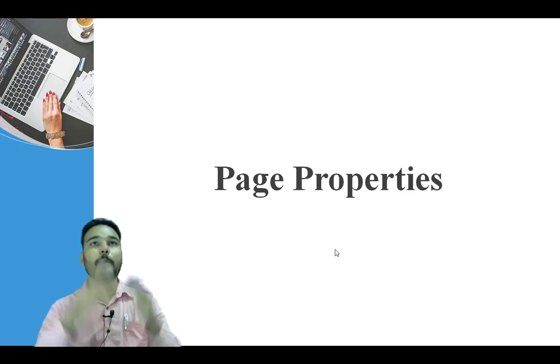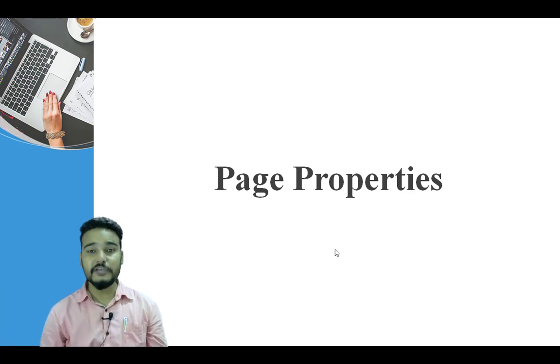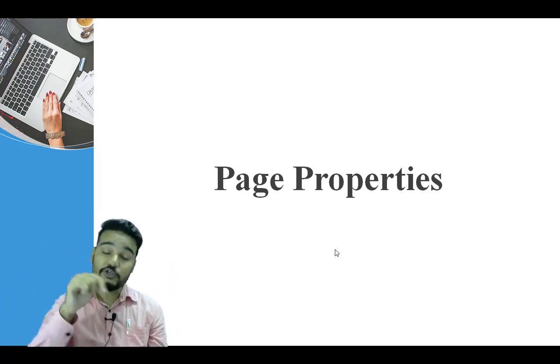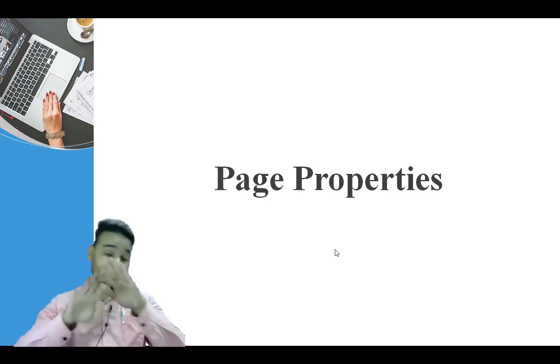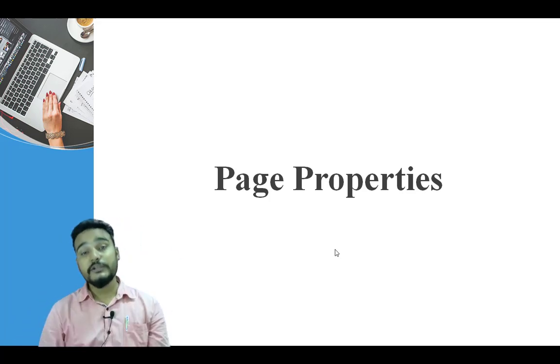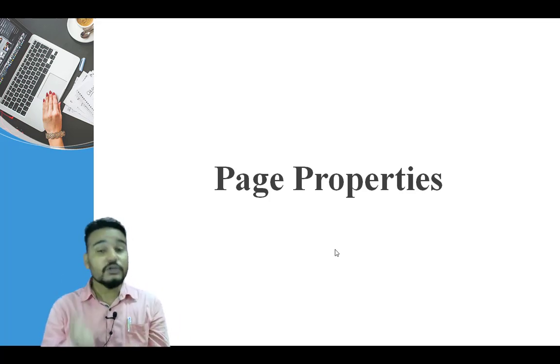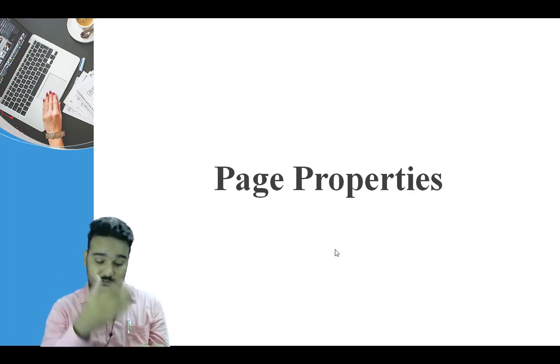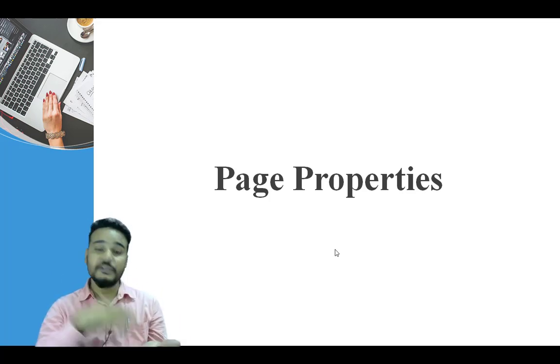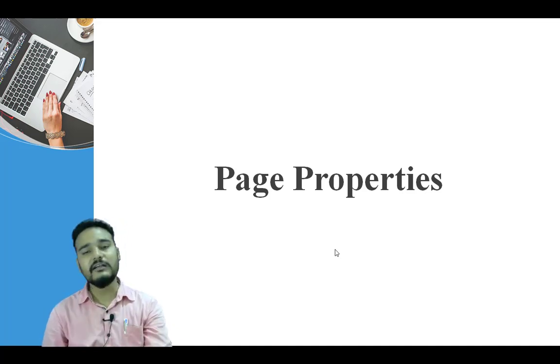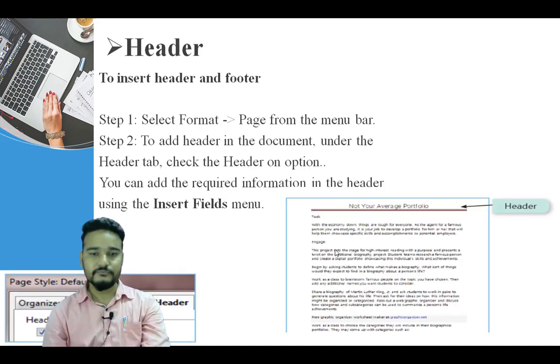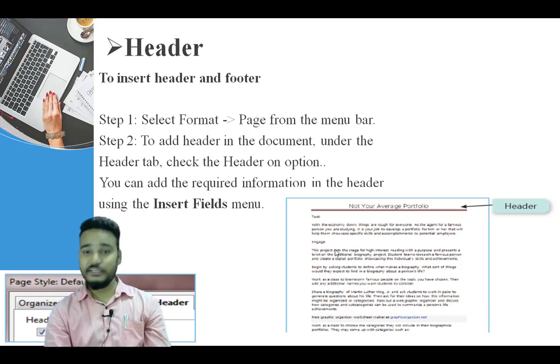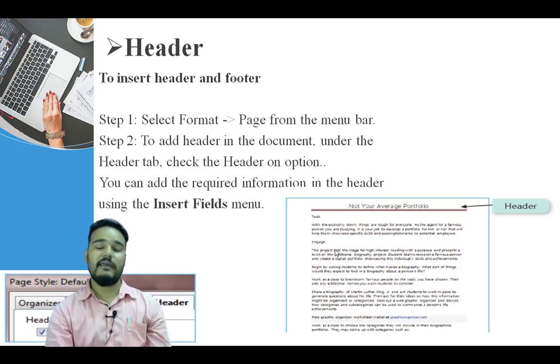What are the properties of the page? So what is a page? A page is a rectangular white area where you actually work, where you actually type, where you actually insert your table, all those shapes, symbols, your text, images. That area is your page. So the first thing that we are going to insert in your page is the header.